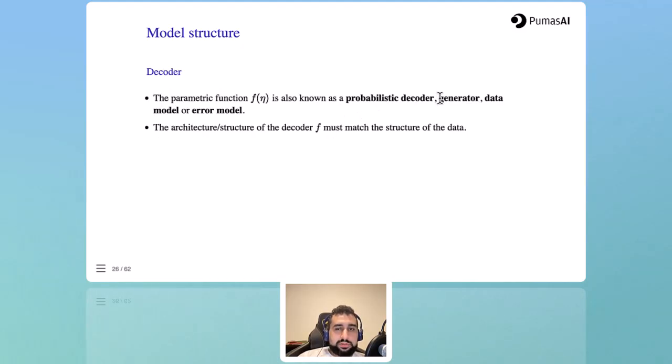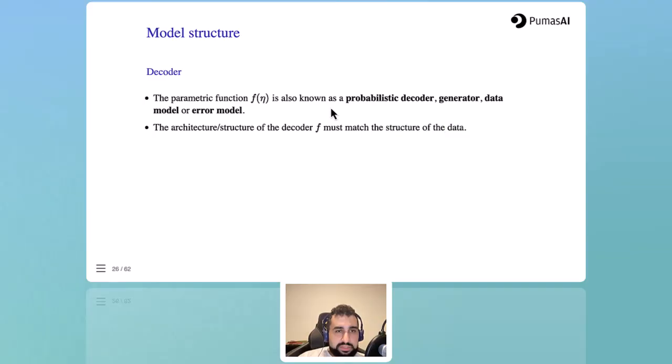Another name for it is a generator, essentially, because that's what you use to generate data. You can also call it the data model or the error model in statistics. Those are also commonly used terminology. Now, the most important part of the decoder is that the architecture or structure of its output should always match the structure of the data.